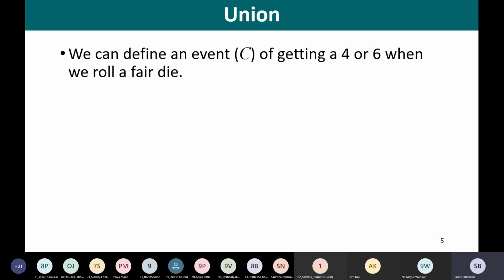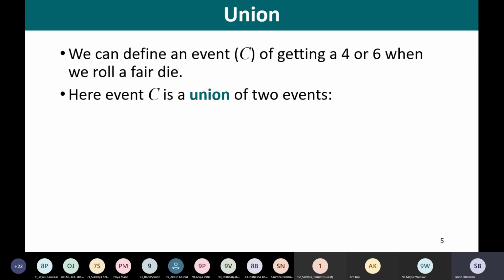Next concept is union. So we know now what an event is, so we can define an event. Let us assume that event C is getting a 4 or 6 when we roll a fair die.